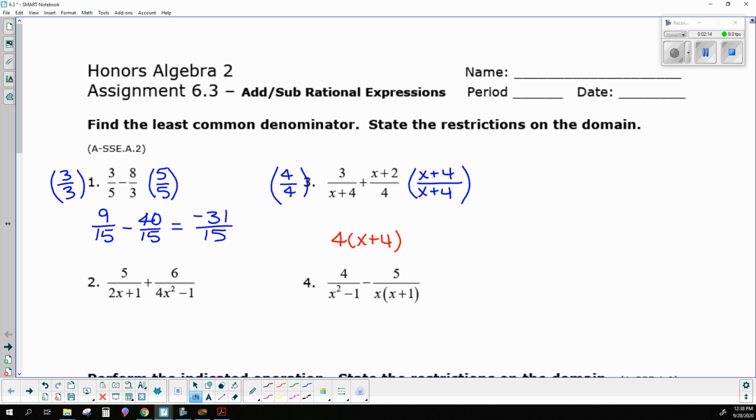That is the common denominator between the two. The numerator would be 4 times 3 plus, and then we have to multiply these two quantities together. When you FOIL that together, you get x squared plus 6x plus 8.